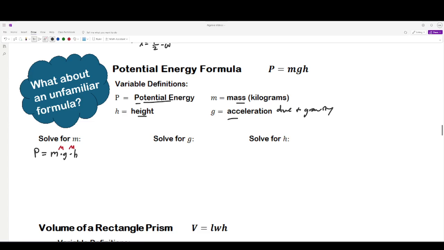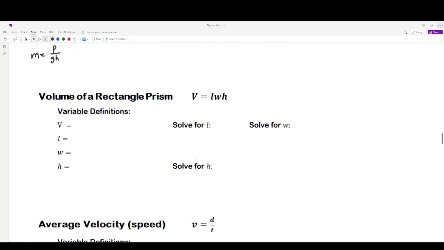So rather than dividing by g and then dividing by h, what I would do is divide by g times h, because you could think of this as m times (g times h), group them together, and divide by that all at once. Then we get m equals P over gh. That's more efficient than dividing separately, divide by g, then divide by h. So I'll leave g and h for you to do.